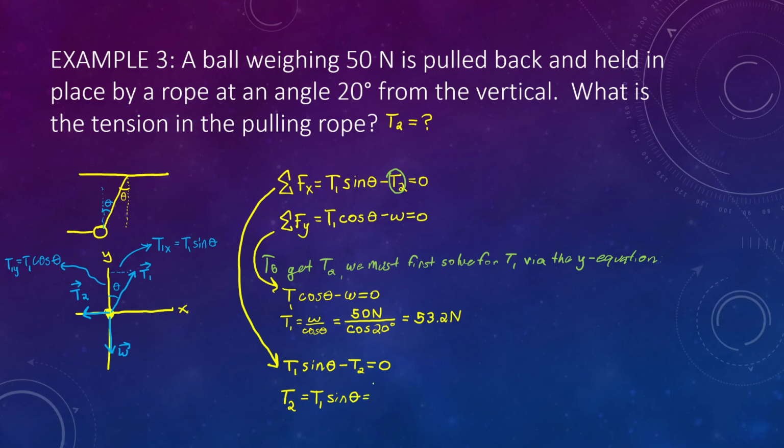We do now have both of these values, so we can solve. T1 we just solved for was 53.2 newtons. And then we have sine of theta, which is 20 degrees. So 53.2 sine of 20 will give you, roughly speaking, 18 newtons as your answer for the tension in the pulling rope, in other words, tension T2.